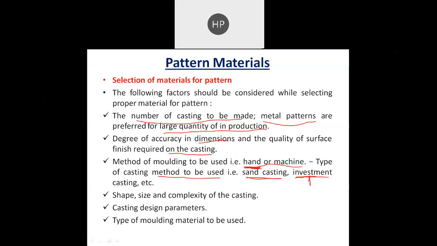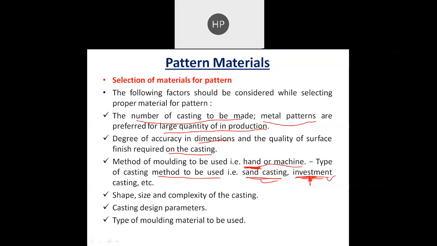We'll see how later, but in investment casting we have to use wax, while in sand casting we generally use a wooden pattern. So if we have decided to make the product by investment casting, and then make the pattern from wood, it is totally wrong. That's why first of all we have to decide which casting method we are going to use to make the product, and based upon that we select the pattern material.